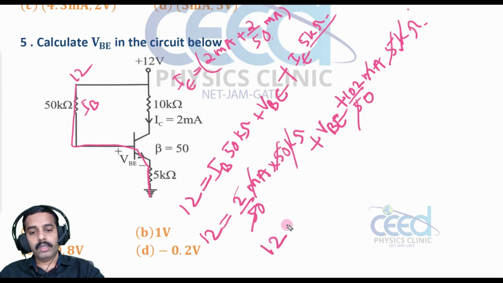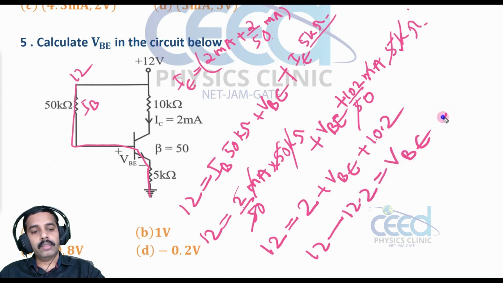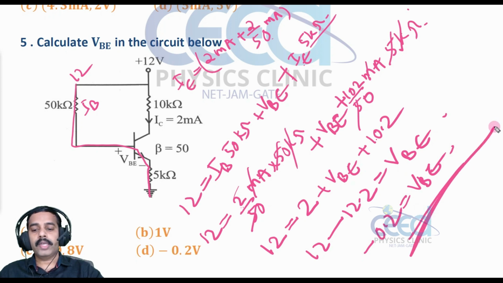So here 12 equal to 2, plus VBE, plus 10.2. So what is VBE? That is 12 minus 10.2 minus 2, that is minus 0.2. That is equal to VBE. Alright. So which one is the option? Option D is correct.